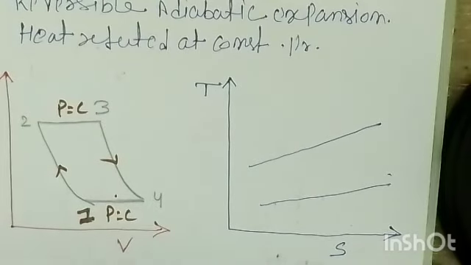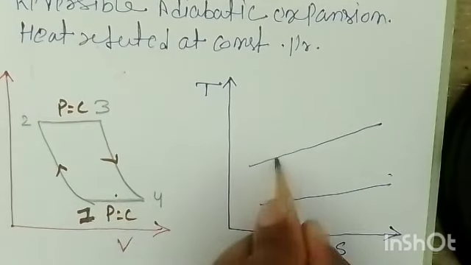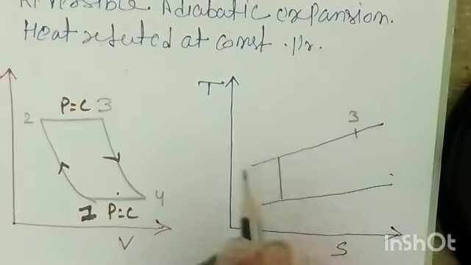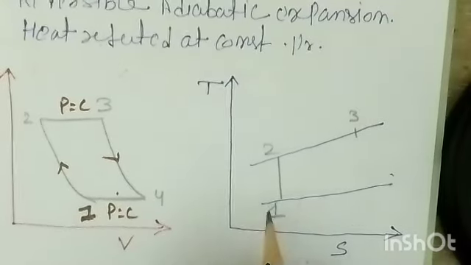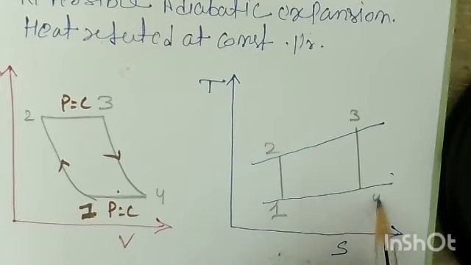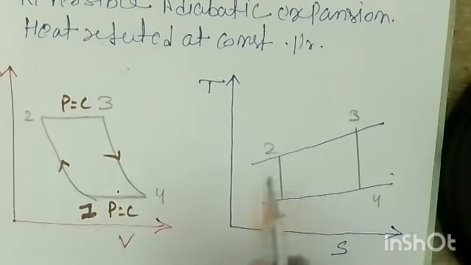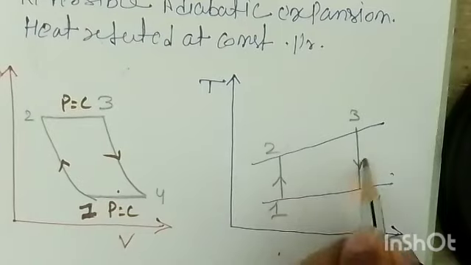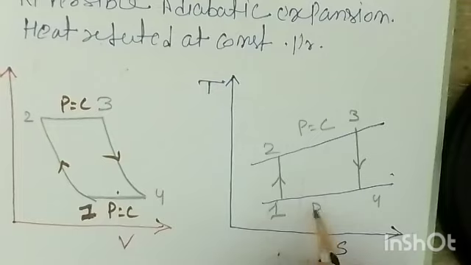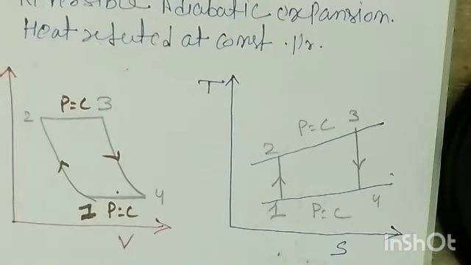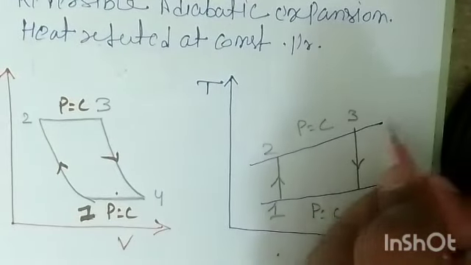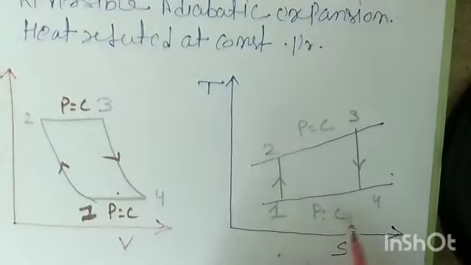First you have 1 to 2, the adiabatic compression, right? 2 to 3 heat supplied at constant pressure, 3 to 4 expansion in a turbine, and 4 to 1 you have heat rejection, right? So this is your compression, this is expansion, this is heat supplied at constant pressure, and this is heat rejection at constant pressure. Here you can say this is the maximum pressure line, that is P2 is equal to P3 on this, and in this P4 is equal to P1.